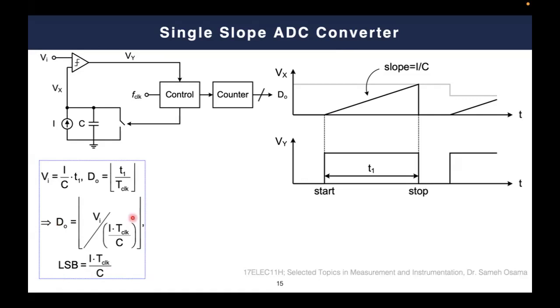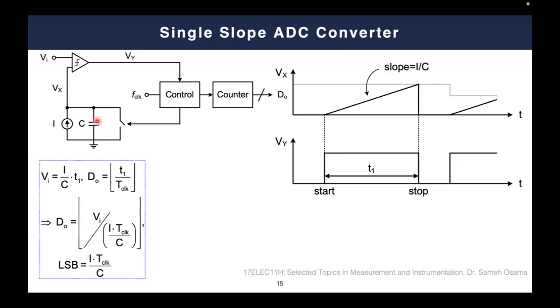But herein there is a very important point, that the variation here, or the consideration here, is depending on I and C, where I is the current source and C is the capacitance. So the main drawback of this design is that it can be affected by the tolerance of the components.